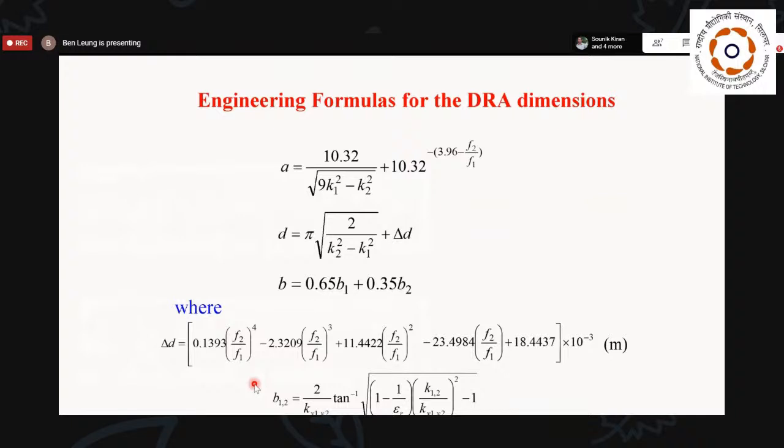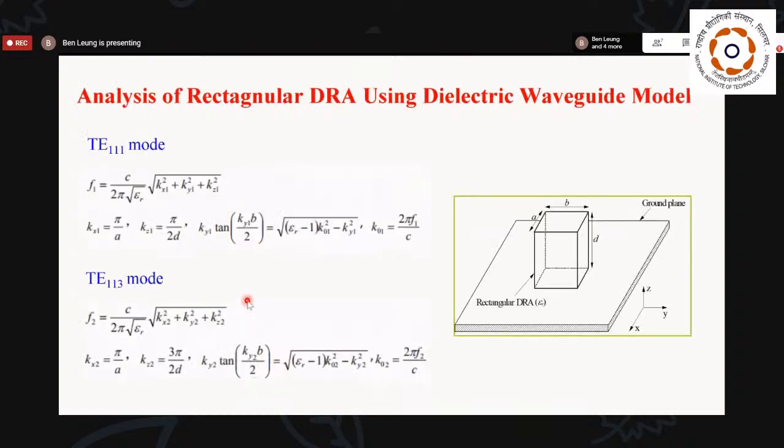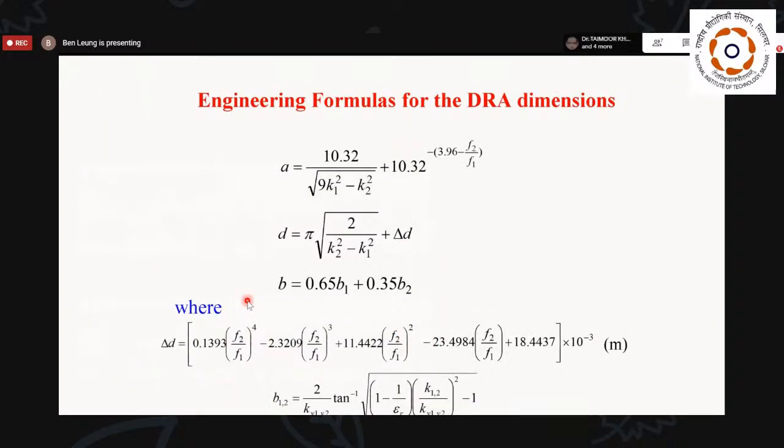Okay, we generated a large number of data sets by using this dielectric waveguide model. And then we use the curve fitting technique to obtain engineering formulas to calculate the dimensions of the dual mode DRA. Without these formulas, one would need to use the trial and error method to obtain 2 different frequency modes for a rectangular DRA.